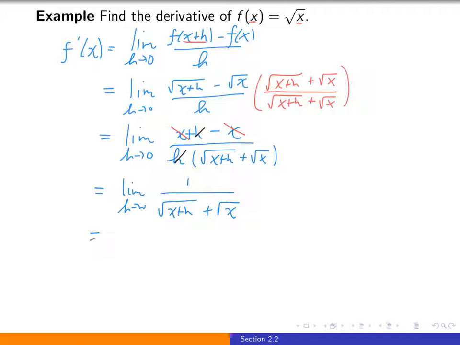And from our experience evaluating these, we've seen we'll take the limit of the top over the bottom. And when we take the limit of the bottom, we'll break it up in terms of the limit of the first term plus the limit of the second term. And in the first term, we'll go ahead and use a limit law that allows us to plug the limit inside the square root.